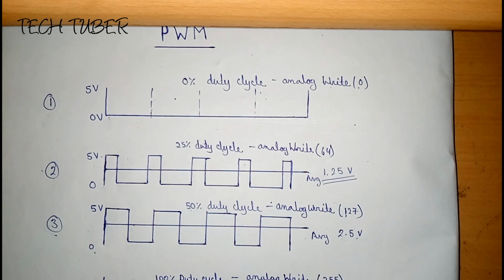The rate of change of voltage with respect to time is very high. That's why our device cannot reach the exact plus 5 volt state or come down to 0 volt state in that faster time. That's why we are having average voltage of some amount depending upon the duty cycle, 1.25 volt or 2.5 volt or whatever it is. That's why we are having average voltage at output side.